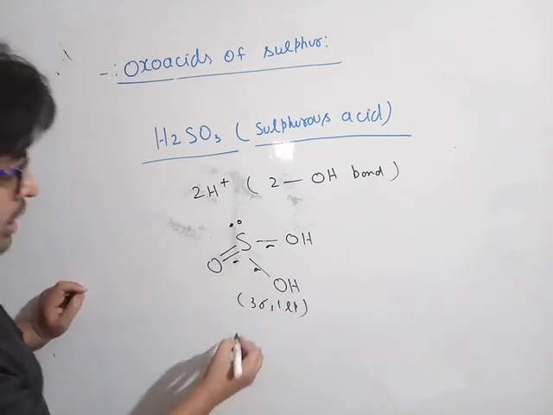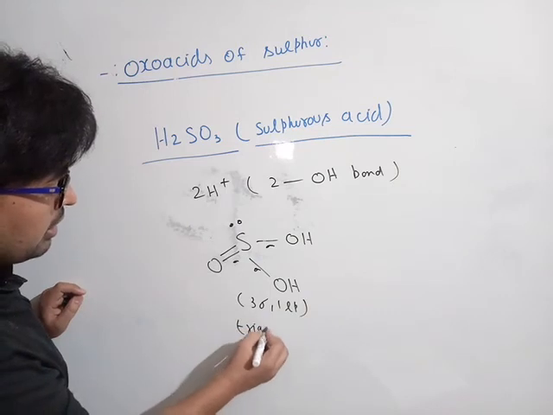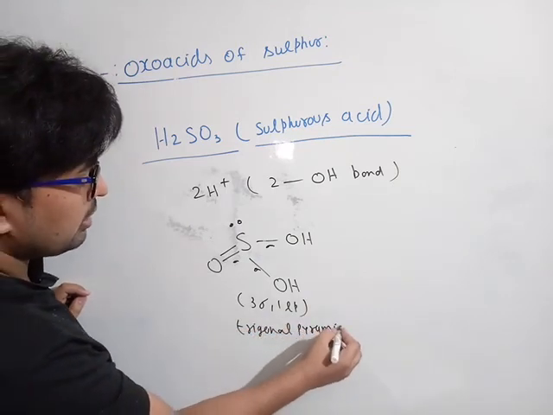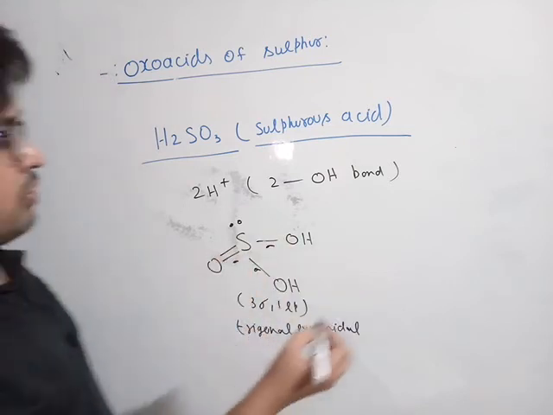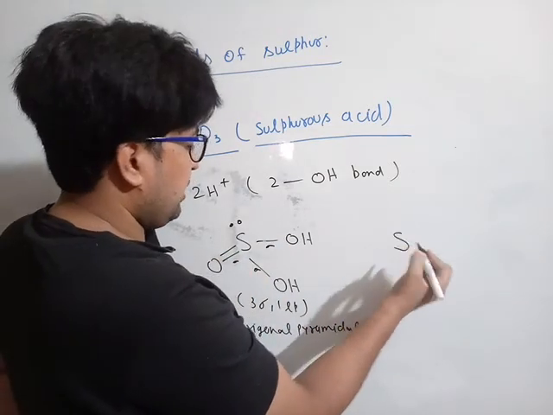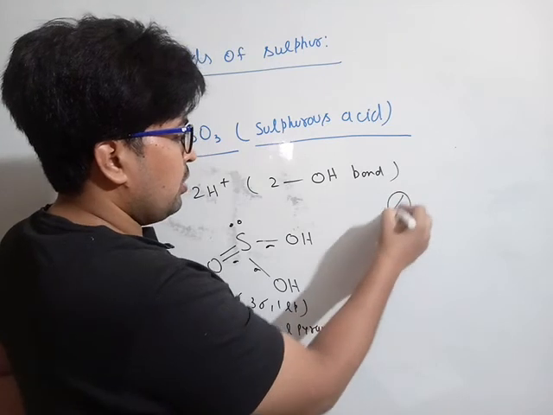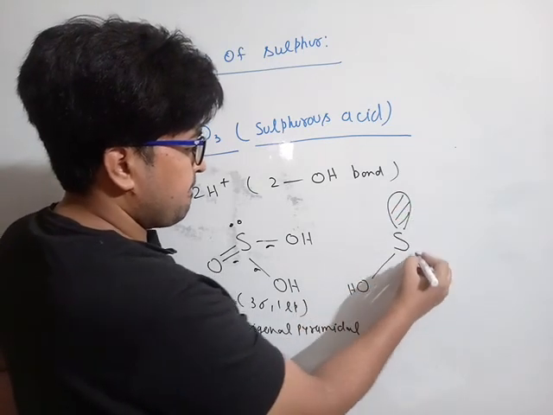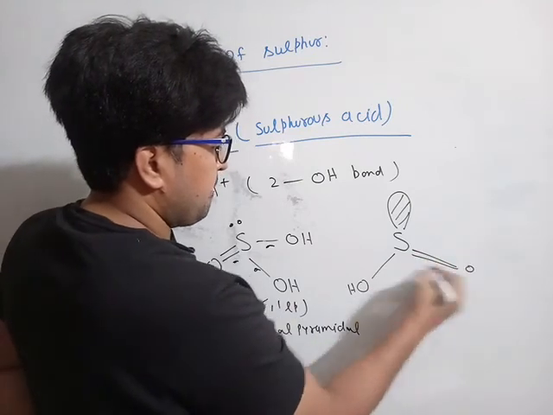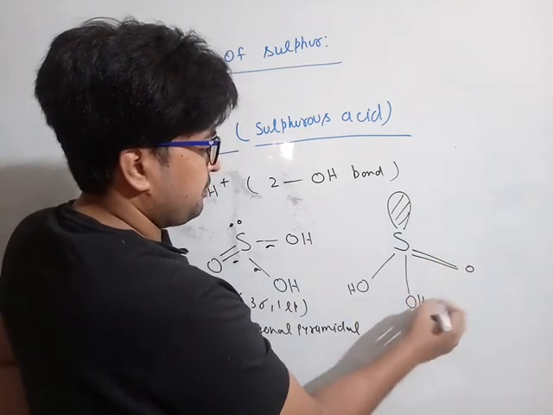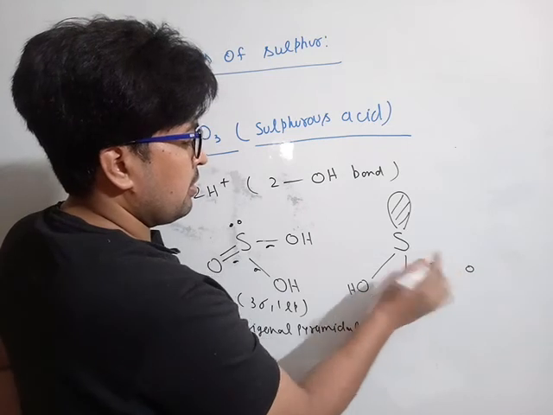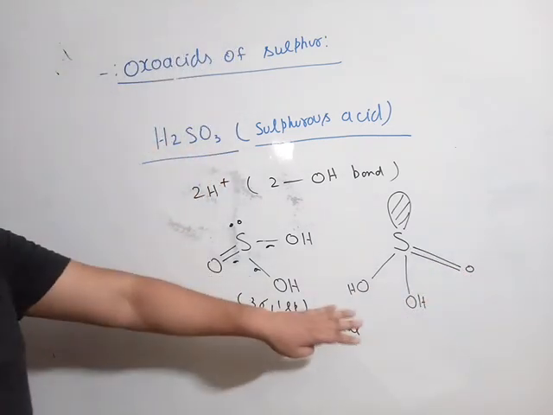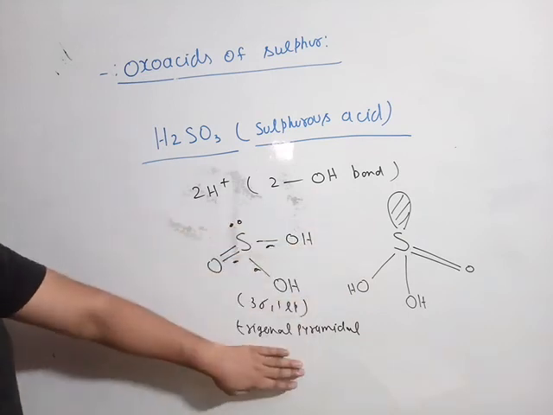The shape will be trigonal pyramidal. Let's say I write sulfur with a lone pair here. That will be the structure, and the shape will be trigonal pyramidal.